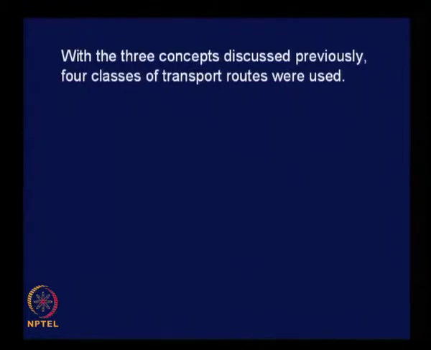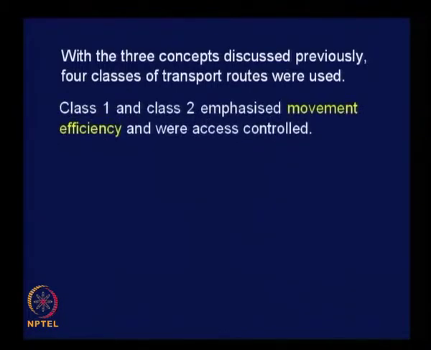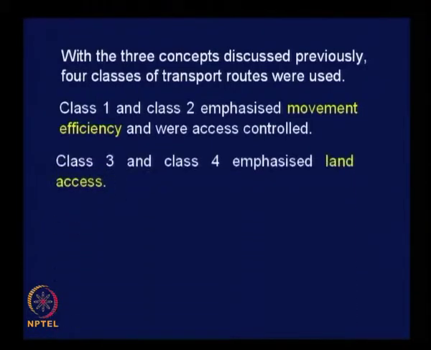With the three concepts discussed previously, 4 classes of transport routes were used, as we know. Class 1 and class 2 emphasized movement efficiency and access control, just to recapitulate what we did earlier, and class 3 and class 4 emphasized land access, as we understand clearly.